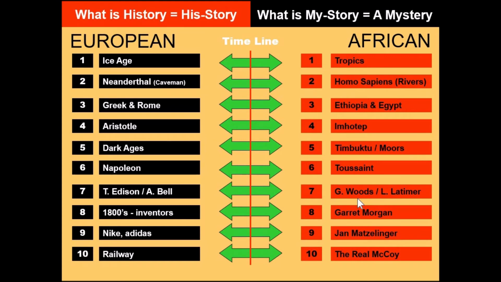G. Woods held over 60 patents. He was a self-taught mechanical engineer, and he had mastered the art of controlling the flow of electricity. Latimer was the ancestor who designed the filament that allowed for light to continue burning constantly.